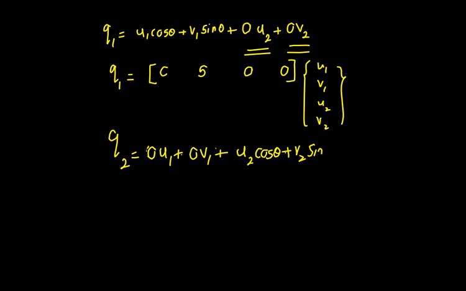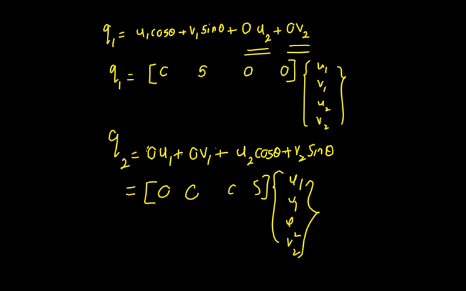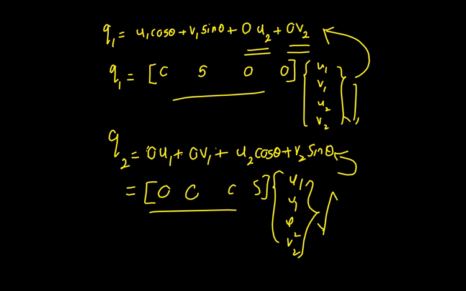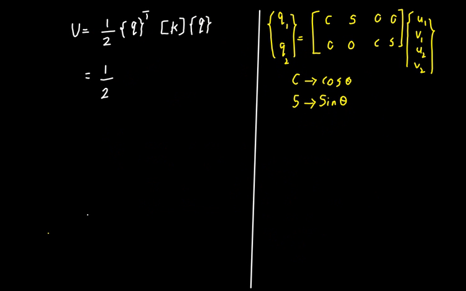You can write this in matrix form like 0, 0, C, S, followed by U1, V1, U2, V2. You hit this matrix with this matrix, you end up with this equation. All right, you are writing the two equations together like the one that I have mentioned here.